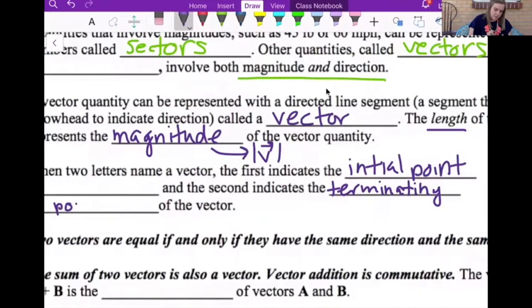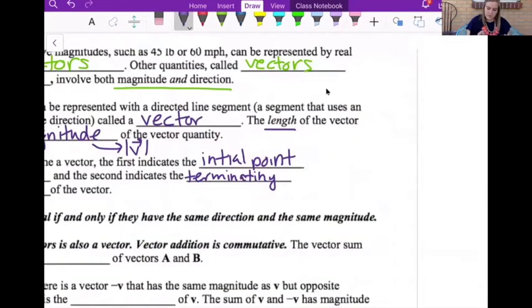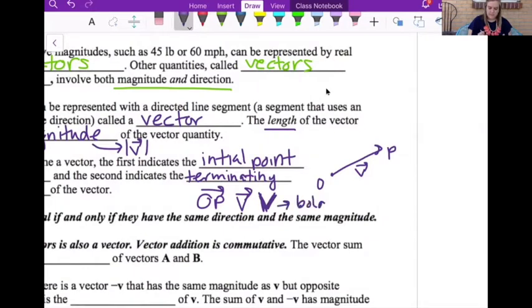What I mean by that is, if we have a vector that goes from O to point P, we could name this OP, where it's going from O to P. We could name it with a V with an arrow above it, or, if you see it on MyMathLab or even in the notes, it's just a bolded letter. So those are the different ways that we can see vectors written.